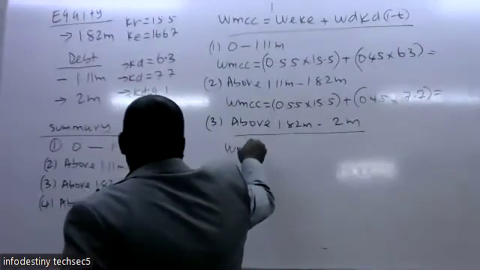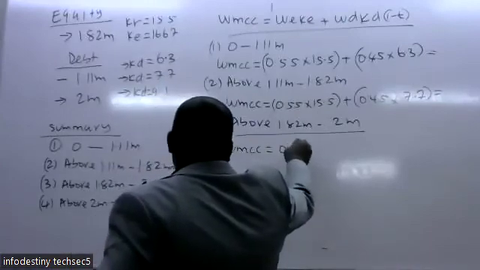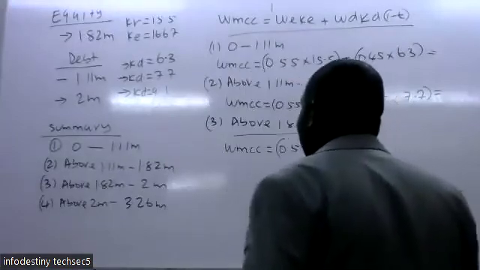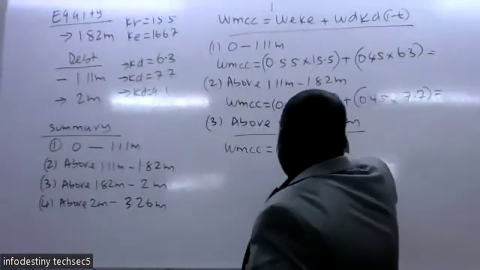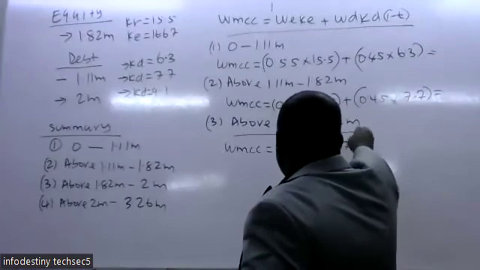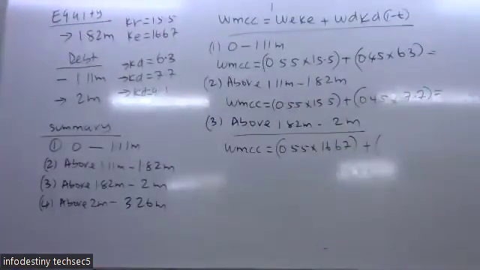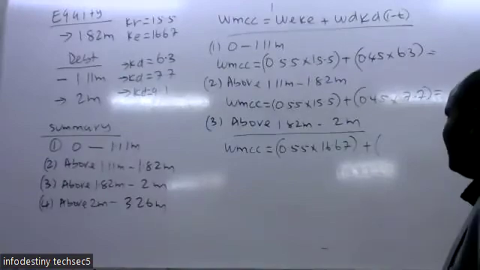So the WACC will be 0.55 multiplied by 16.67, because we are above 1.82. The moment you are above 1.82, we now use the ordinary shares.